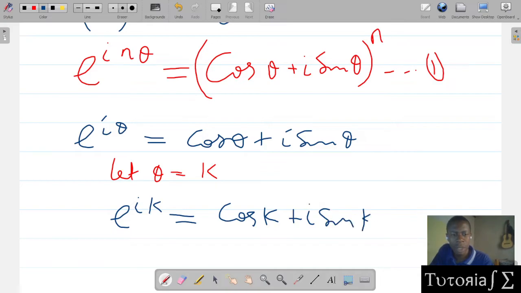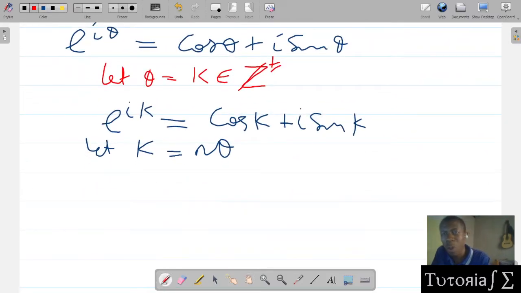Okay, and being from linear algebra, we can say this k is some integer, positive or negative, we don't know. So it is just some integer like that. So now if we let k, since k is just a number, if we let k be equal to n theta, how will Euler's formula become?